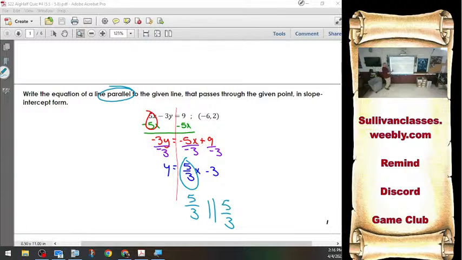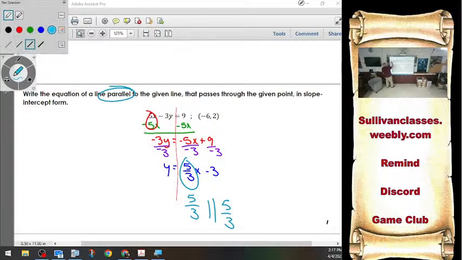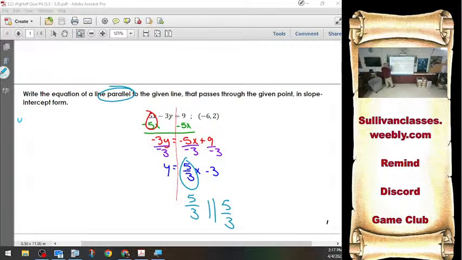Again, your choice, where you can option A, y minus y1 is m times x minus x1, so plus 6. Distribute and rearrange.